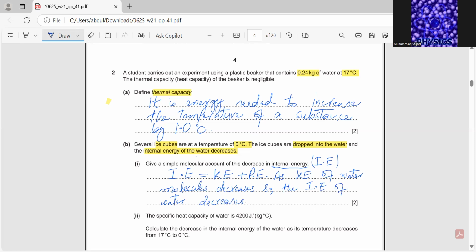So, internal energy is the sum of kinetic and potential energy.